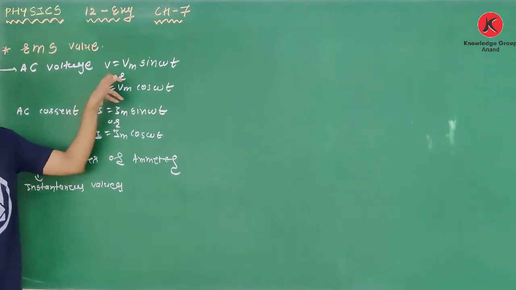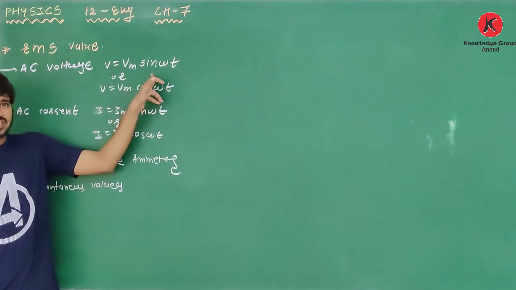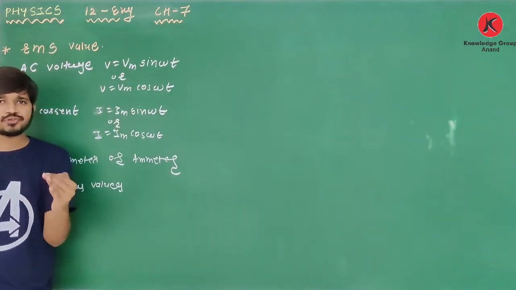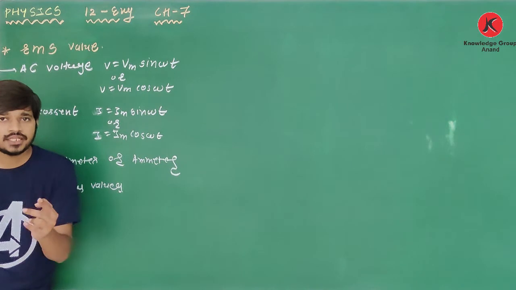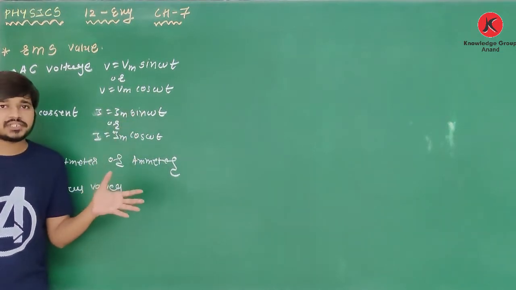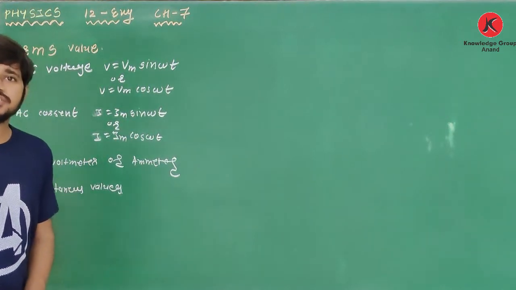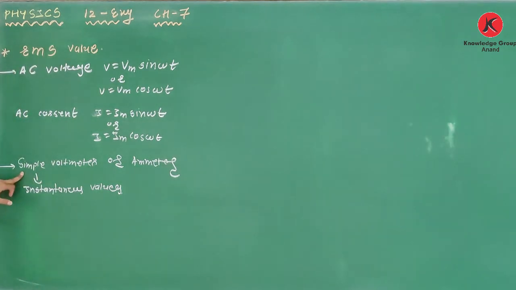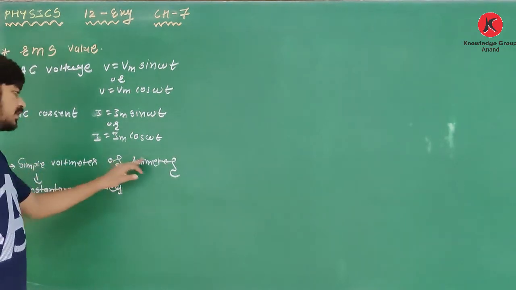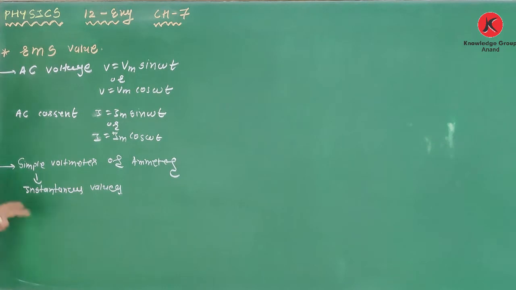And as V is a function of sine, with respect to time its value is continuously changing. Yes or no? Yes. I is also a function of sine or cos, so its value is also continuously changing. So yes, if you use a simple voltmeter or ammeter, it will show instantaneous value.